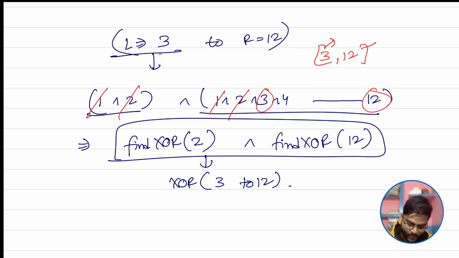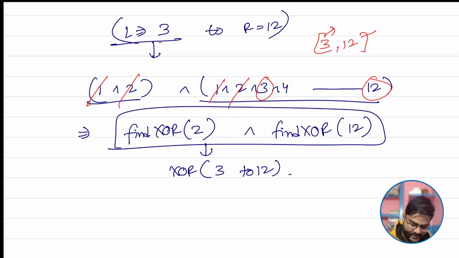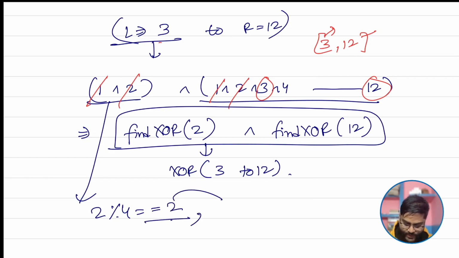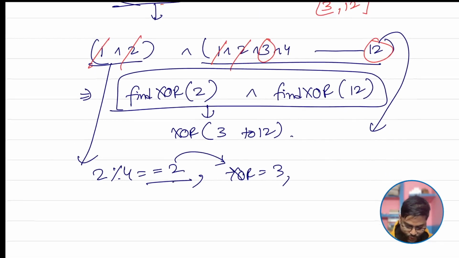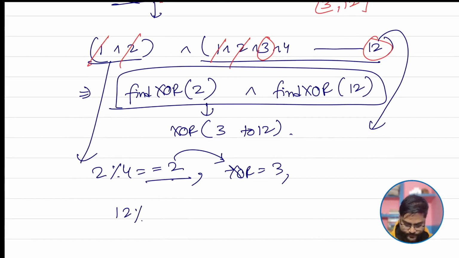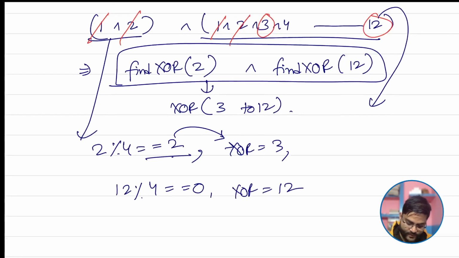Correct? Now we know that 2 mod 4 is nothing but 2, so if it is 2, the XOR will be 3. Similarly, 12 mod 4 is nothing but 0, so if it is 0, the XOR will be the number itself, 12.